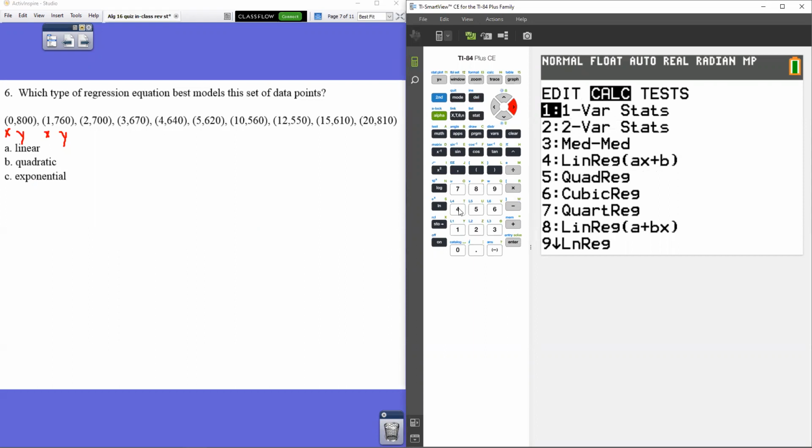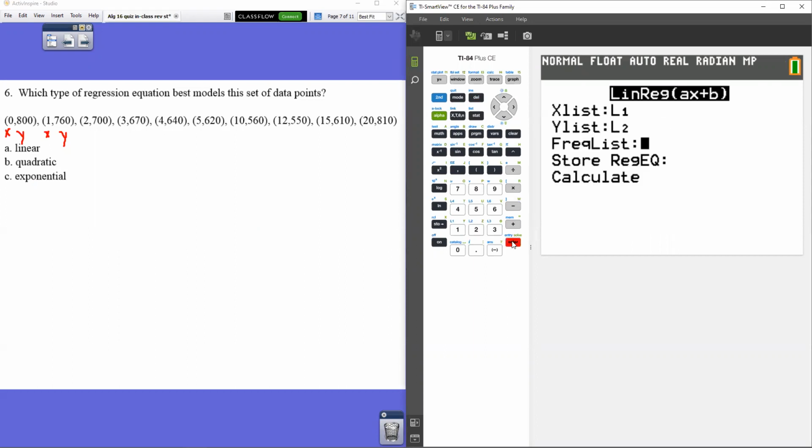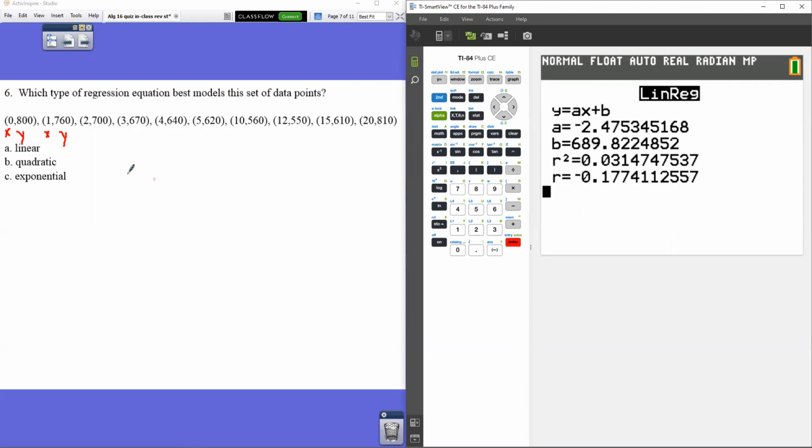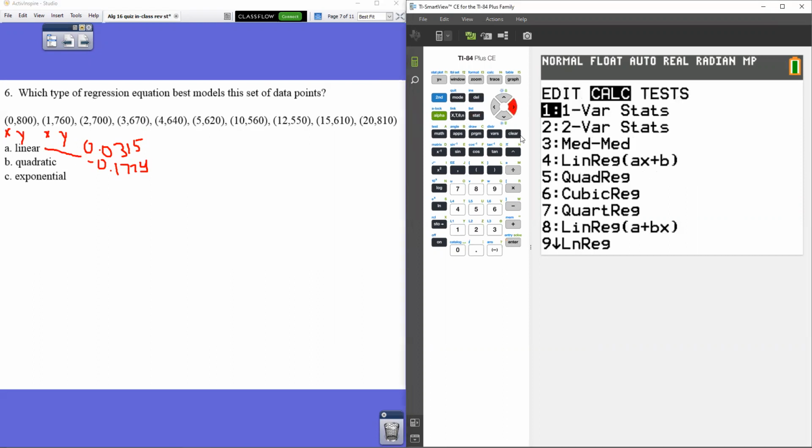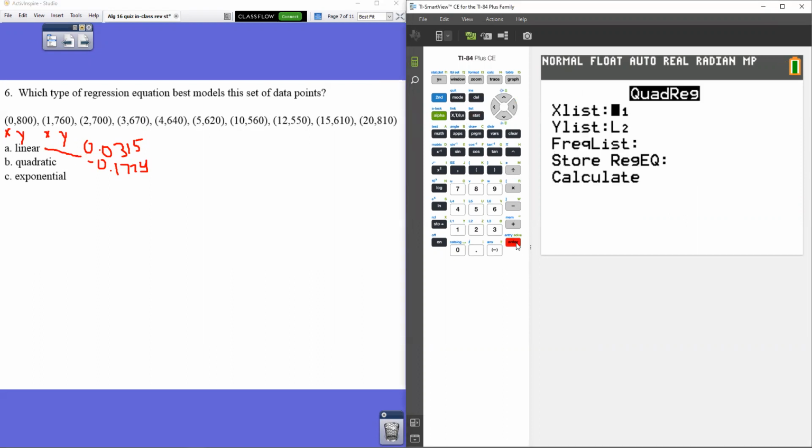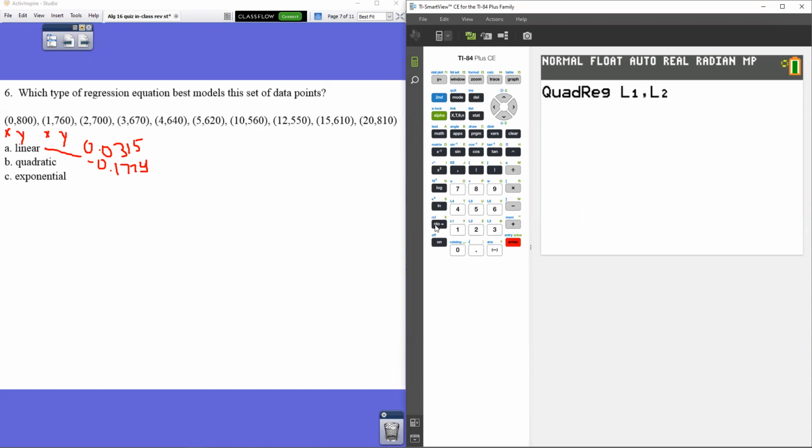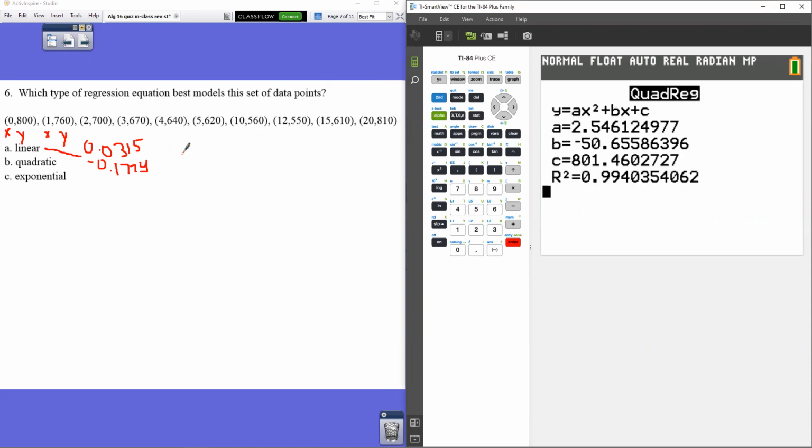Let's try stat calc number 4, the linear regression. For the linear regression, your R values are 0.0315 if I round, and -0.1774. For stat calc number 5, quadratic, it is an R squared value of 0.9940.